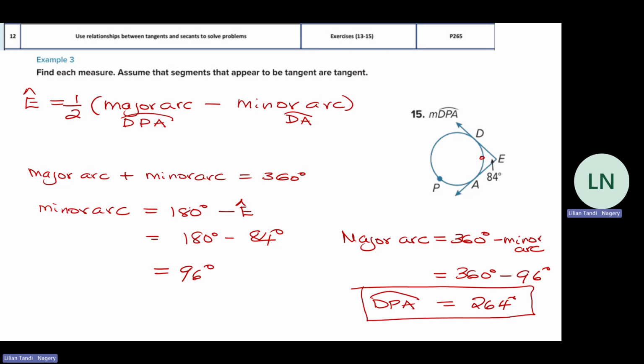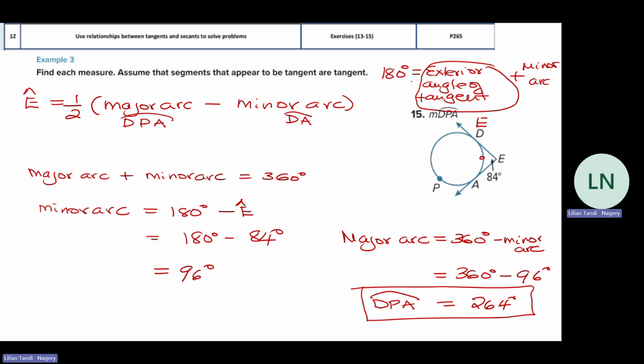I forgot to write that for you to explain where I got 180 from. So 180 degrees is equal to the exterior angle of the tangents, and in this case, that's angle E. This is angle E, okay? Plus the minor arc.